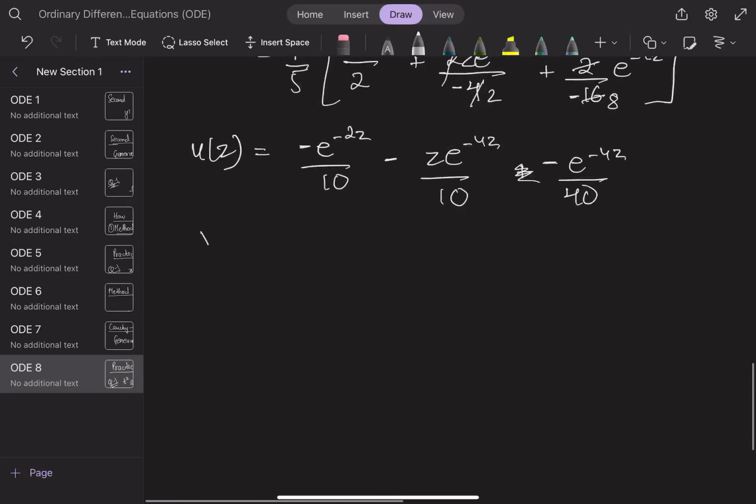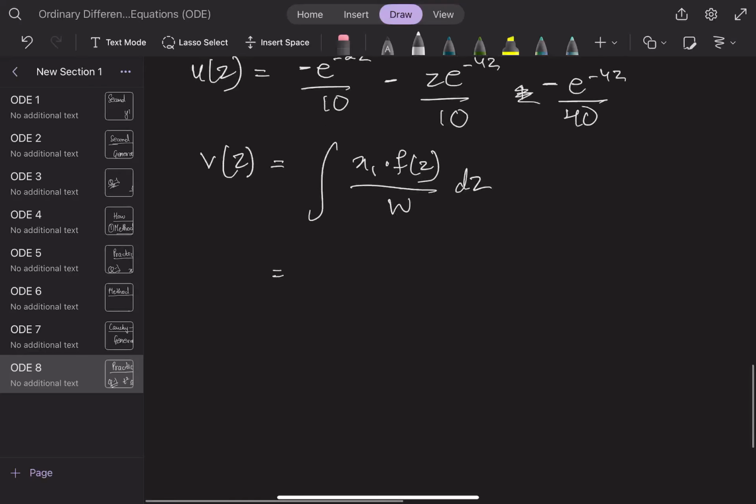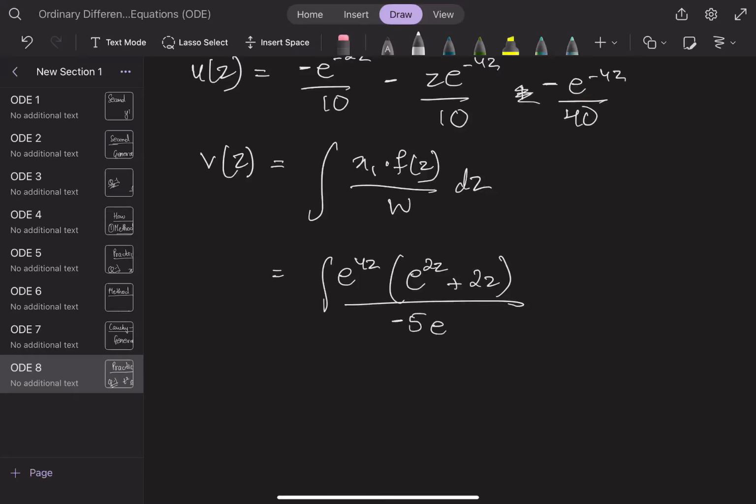Now let's find vz, which is equal to the integral of x1 times fz divided by w dz. So x1 was e raised to 4z. This is your fz divided by minus 5 e raised to 3z dz.